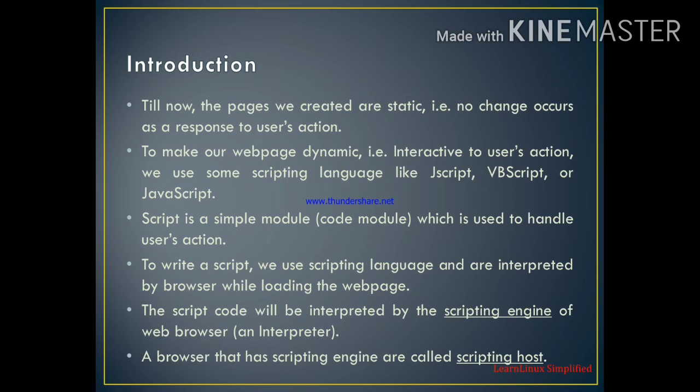So each browser must have a scripting engine to interpret the code of JavaScript or any scripting language. In the past there were certain browsers which did not have that facility, so the browsers which had such a facility were called scripting hosts. Nowadays all the available browsers work as scripting hosts.